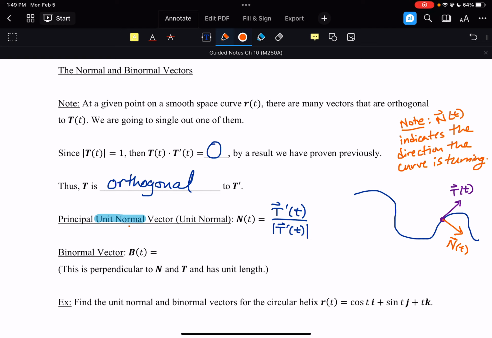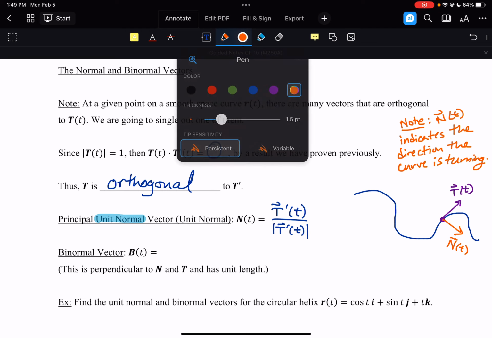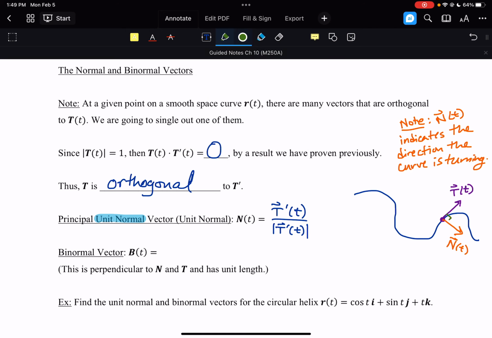So this unit normal, this T prime over its own magnitude, it is orthogonal, so they do have a right angle between them. But it specifically is pointing in the direction that the curve is headed. So T is pointed the direction the curve is currently going. N is telling us what direction we are turning along this curve.